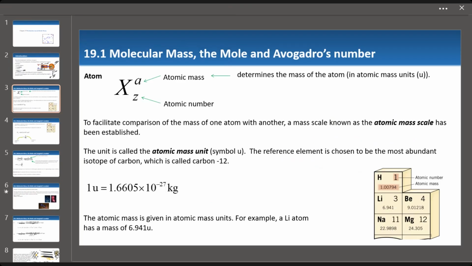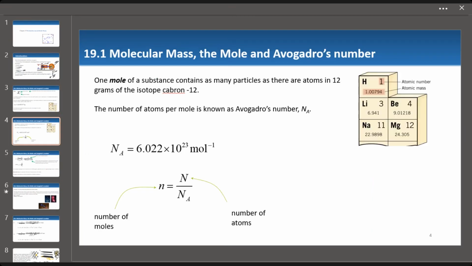Namely, as you can see here, I remind you different atoms have different atomic mass and atomic number Z. Atomic mass A determines the mass of the atom. These are given to you in the periodic table. So if you look at the periodic table, here's the atomic number, here's the atomic mass, and we have an important relationship between these, namely through the number of moles.